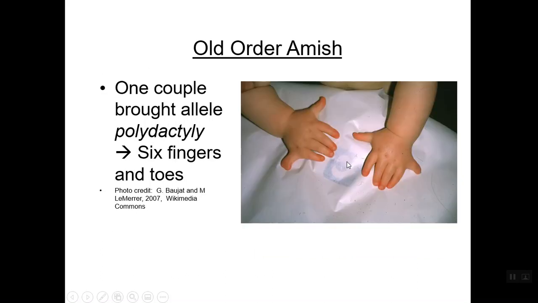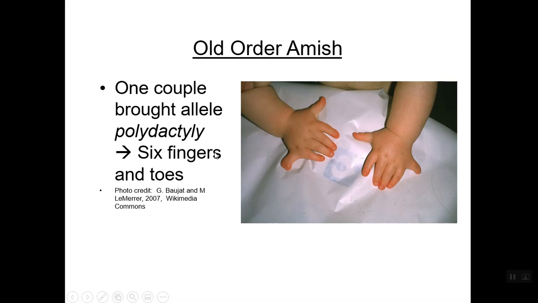I don't know if you are aware, but in the old order Amish there is a lot of polydactyly. You can call it a mutation, but it's really a specific allele that determines 6 fingers and toes, and is very recurrent in the old order Amish.